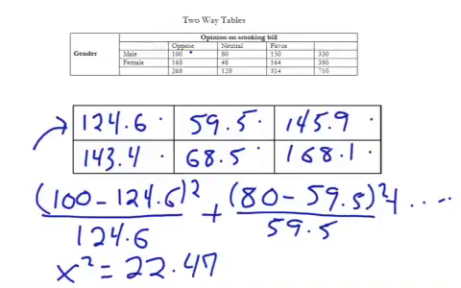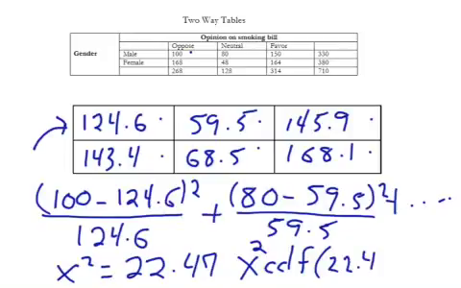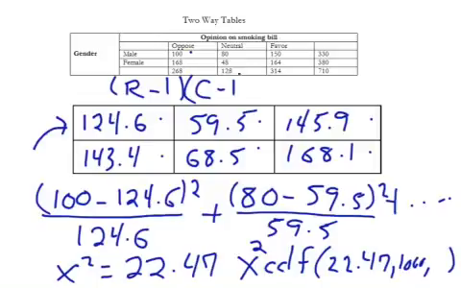The last step is to use the chi-squared CDF command with 22.47, a big number like 1,000, and last, we need our degrees of freedom. To figure out the degrees of freedom, we take our rows minus 1 times columns minus 1.